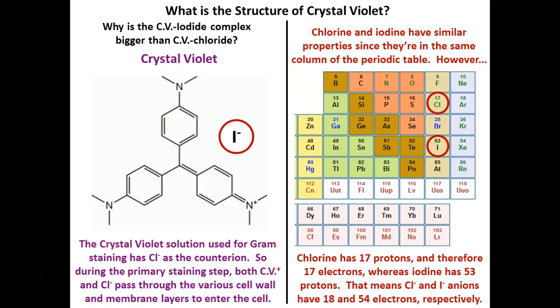And the iodine will complex, because again, it's another negatively charged ion, with the positively charged crystal violet dye that's on the inside. It's now bigger than it would be with the chloride ions, because if you look on the periodic table, iodine is bigger than chlorine.